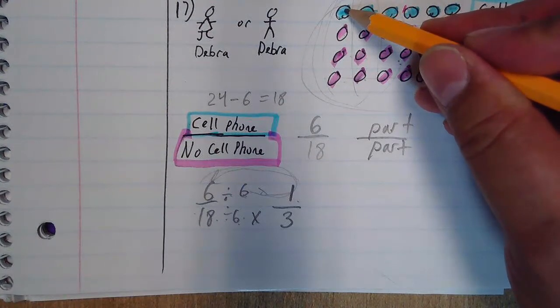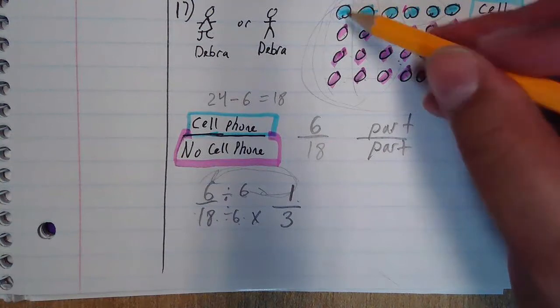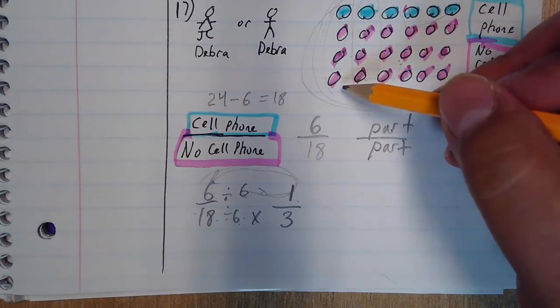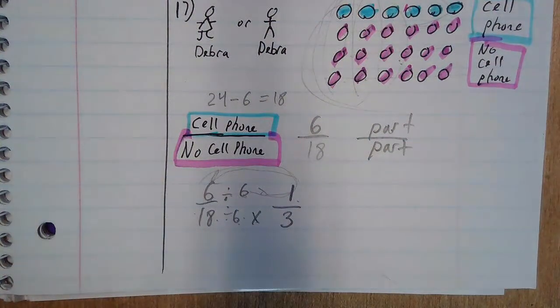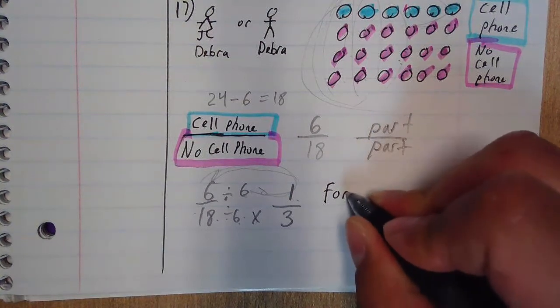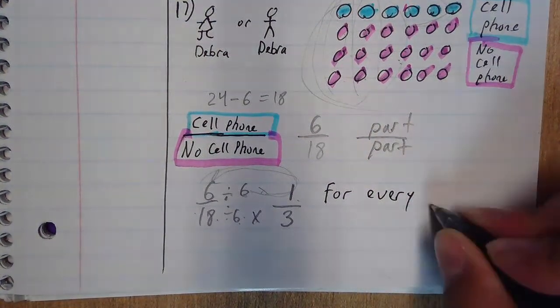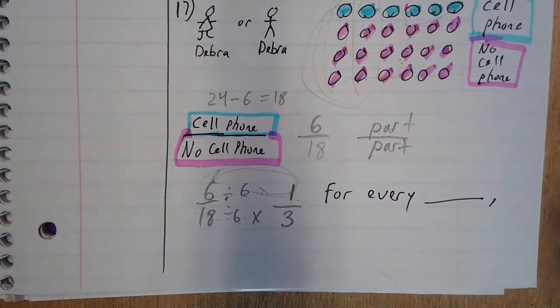For every 1 student, right, that has a cell phone, 3 don't. Yeah? You know I'm going to do the pattern thing. You know it. Part to part. For every blank, doodle-doo, I think it's something different.